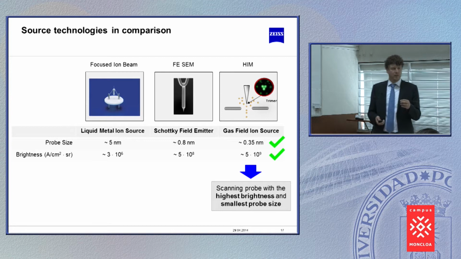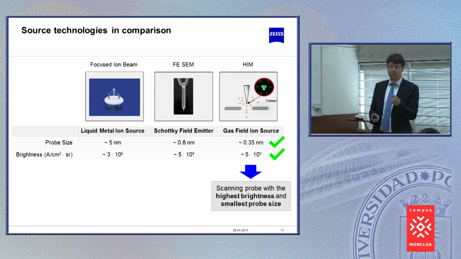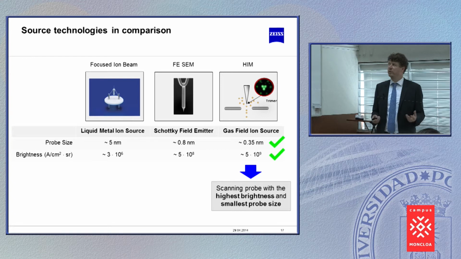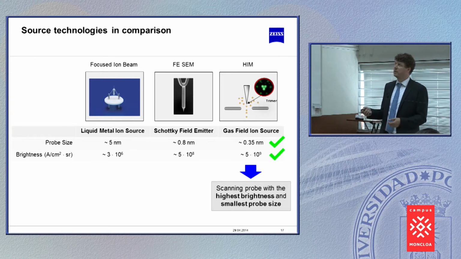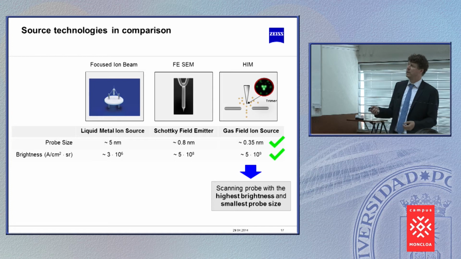So when you compare the brightness and the probe size with other sources, for example, with the liquid metal ion source, this is used, for example, in the focused ion beam, CrossBeam. They have got probe size with some nanometers. The Schottky field emitter is used in the FE-SEM, or the field emission scanning electron microscopes, or TEMs, transmission electron microscopes.